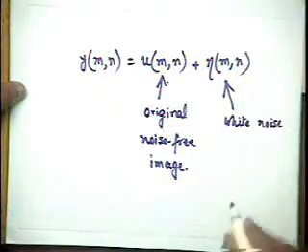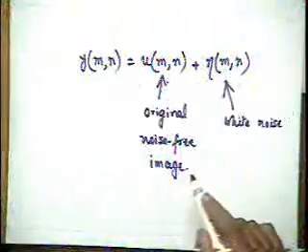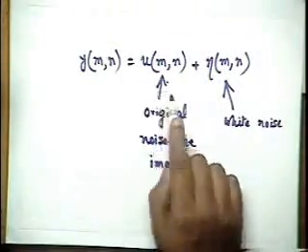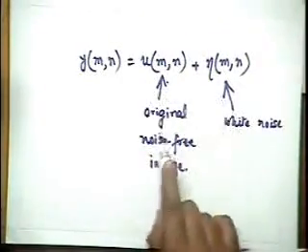So I have added an extra noise component to the original noise free image and made it a noisy image which I am calling y of mn.